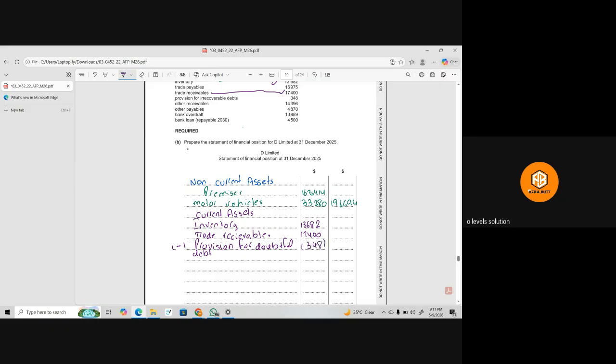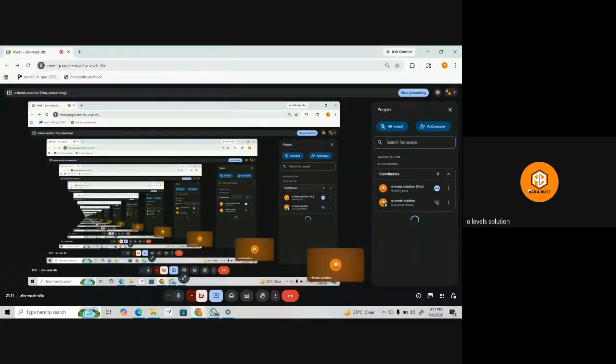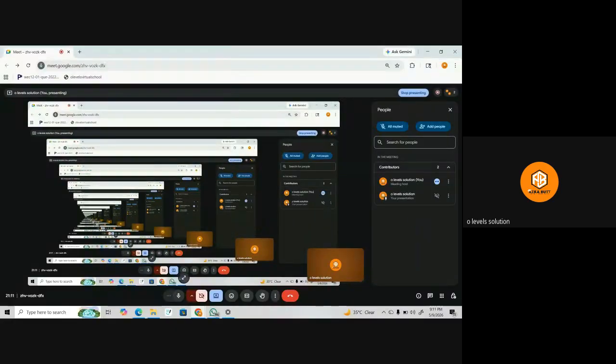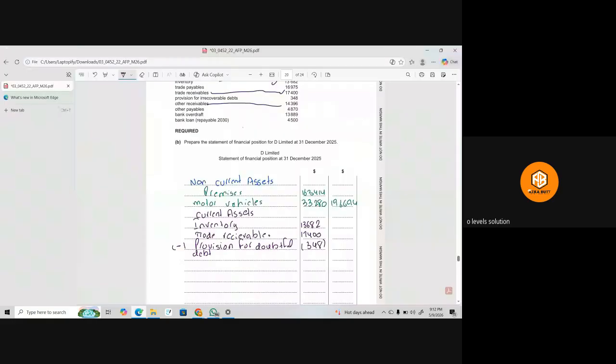Then we have the other receivables, which is 14,396.